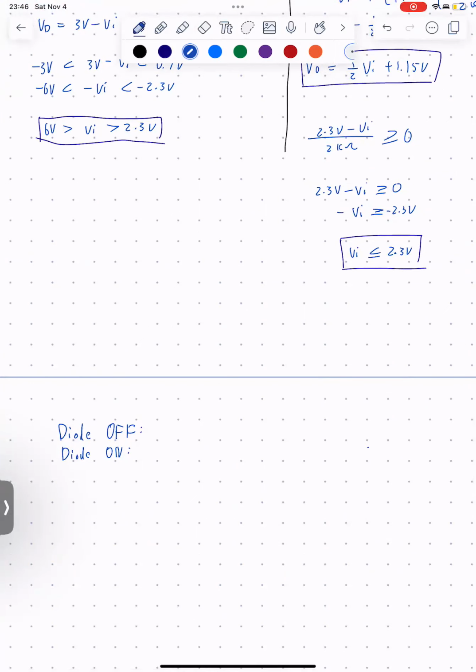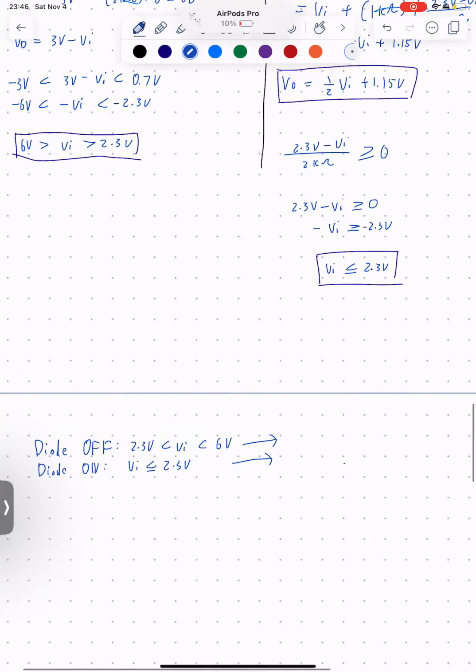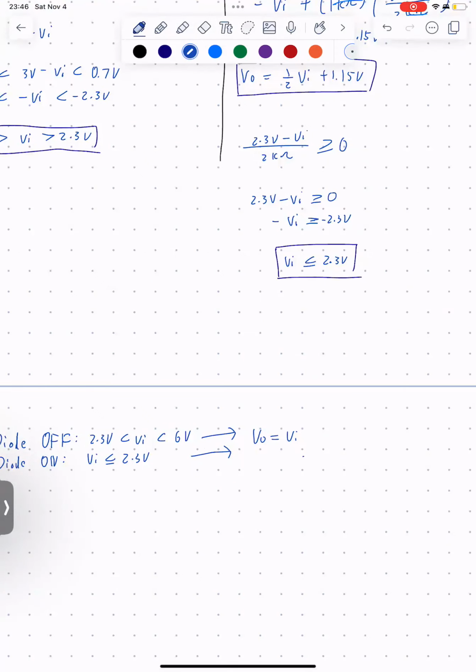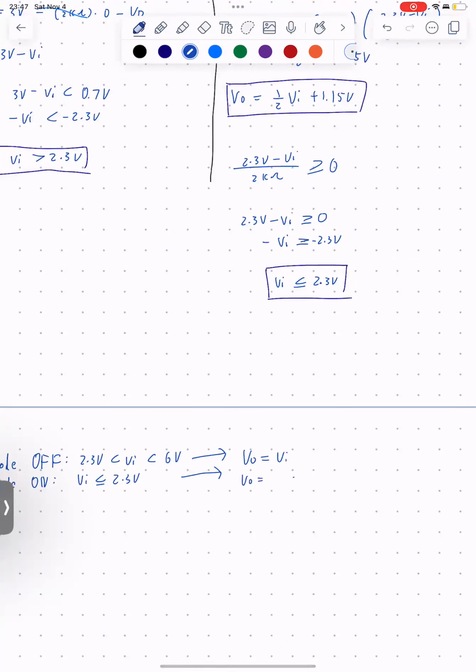The diode is off when it's between 2.3 volts and 6 volts, and it's on when it's smaller than 2.3 volts. When it's off, V out equals VI, and when it's on, V out equals 1/2 of VI plus 1.15.